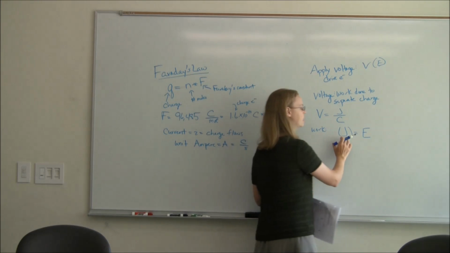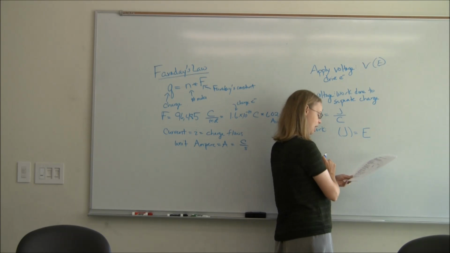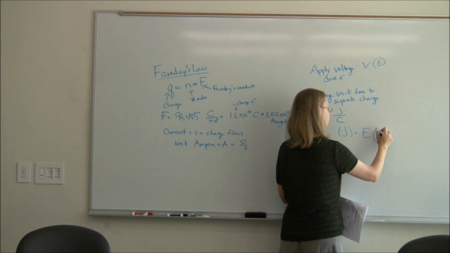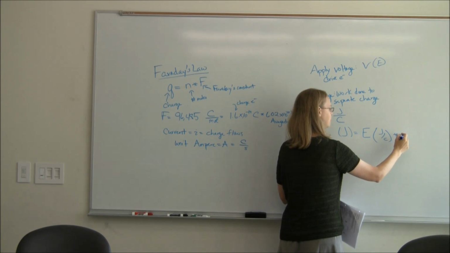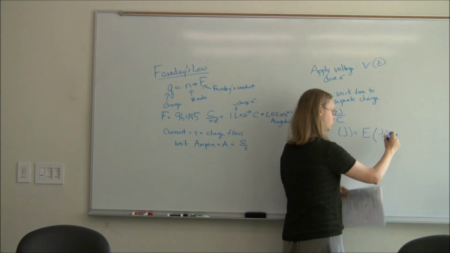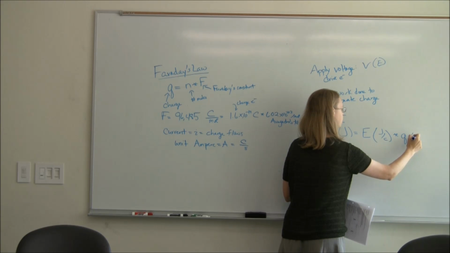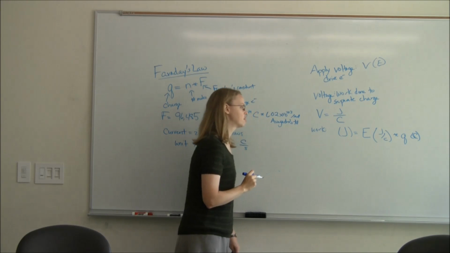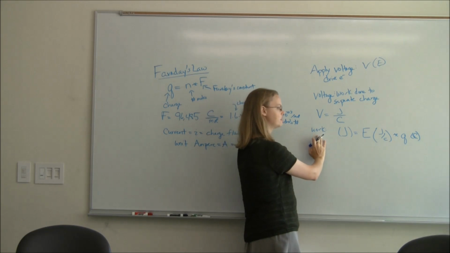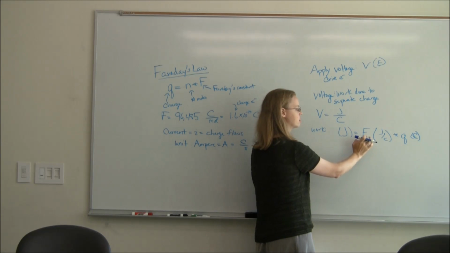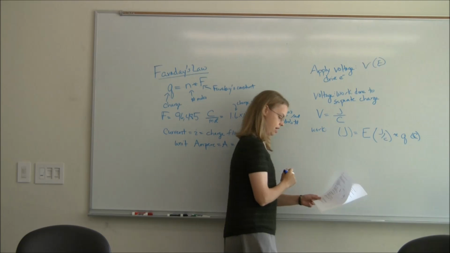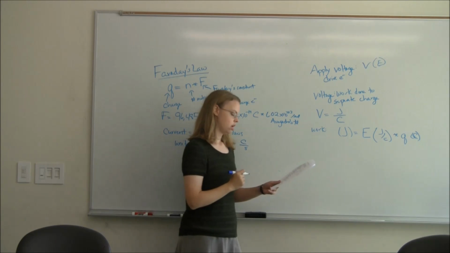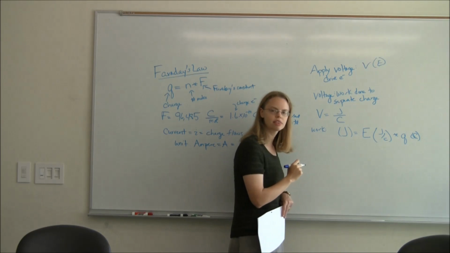So I'm going to apply a voltage, which I told you is in joules per coulomb, and that's going to be multiplied by the amount of charge I have, which should be big C for coulombs. So the work that I do to move charge is just the voltage times whatever charge.